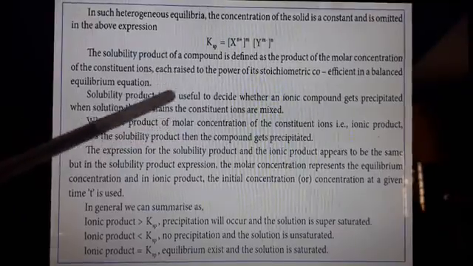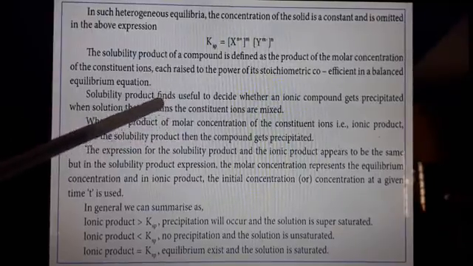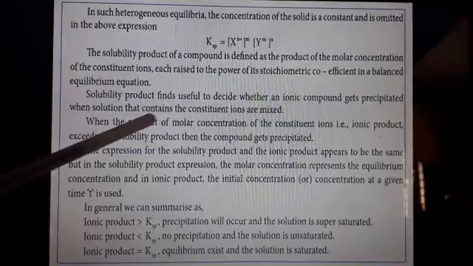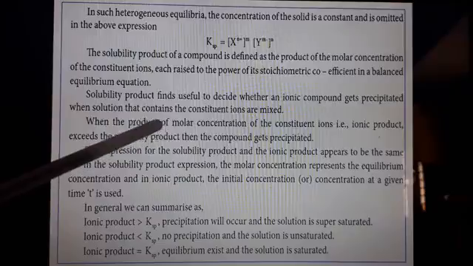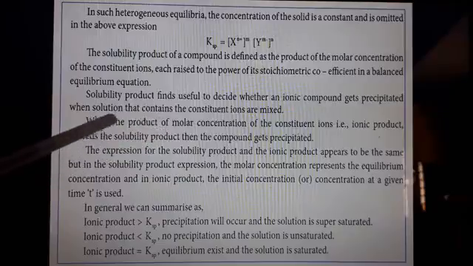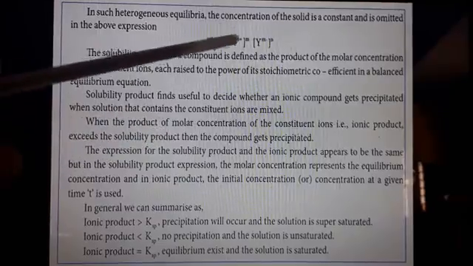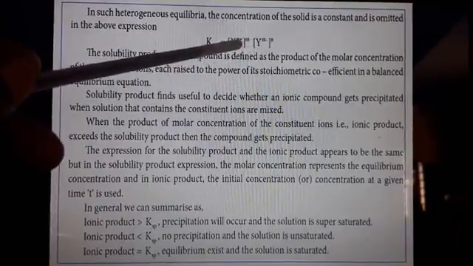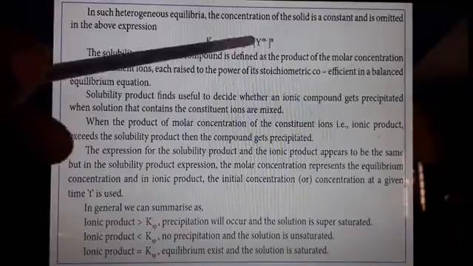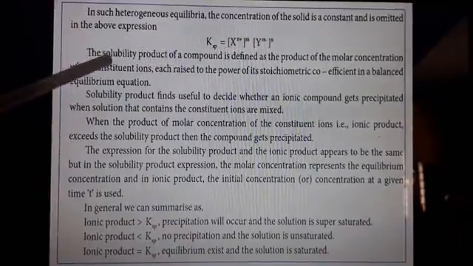Ionic product means the concentration of the ions. But solubility product means Ksp is equal to X N plus, the cation, and the anion, with the powers M and N. This is the solubility product.